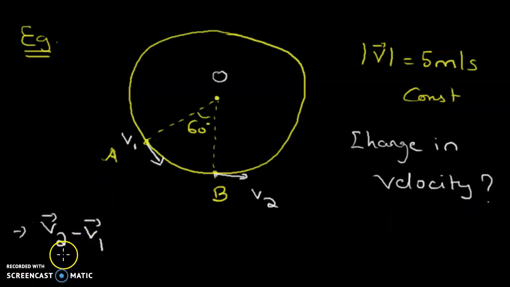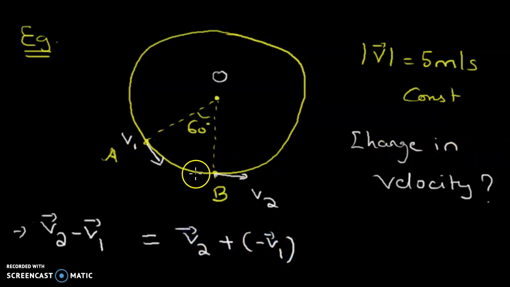So let's find the difference between these two vectors. The difference is just the addition of v2 and negative of v1. Now the only thing here is the geometry. Looking at the diagram, I can shift this v2 from here to here, and from here to here.